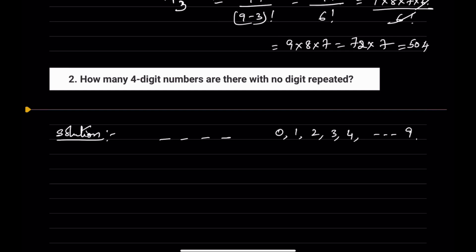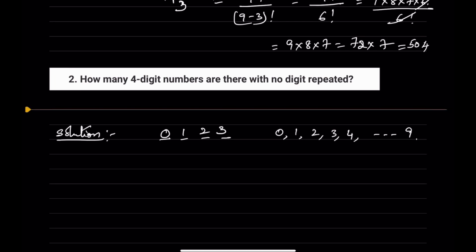Now suppose you have written 1, 2, 3. If you put a 0 at the start, it will become a 3-digit number, not a 4-digit number, because it starts with 0. So whichever number starts with 0 is not valid; 0 should not be in the first place.